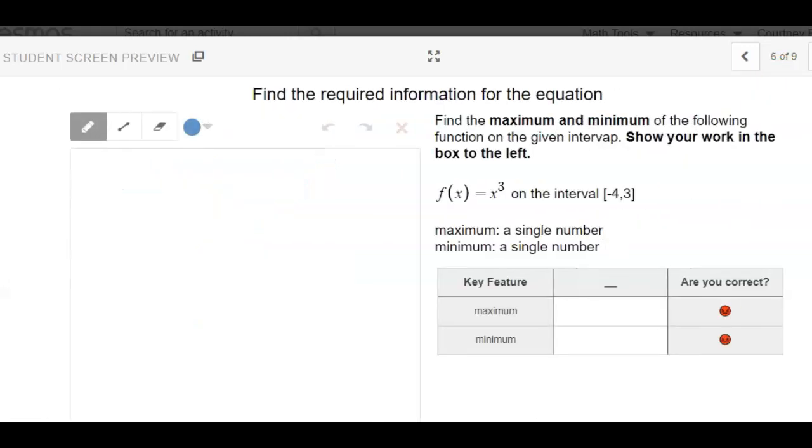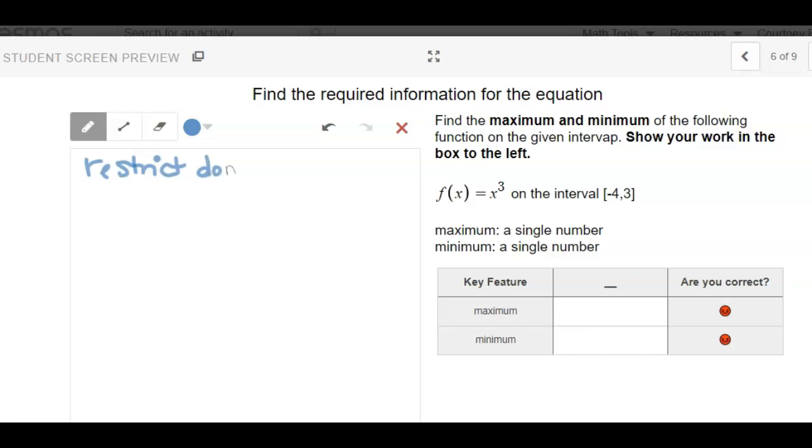So we might need to find information about the maximum and the minimum. The maximum and the minimum should just be typed in as a single number. It asks us to show our work in the box to the left, and they're asking us to find the maximum and minimum of the cubic parent function, f of x equals x cubed, on the interval from negative 4 to 3. Now remember, what this means is that we are restricting the domain.